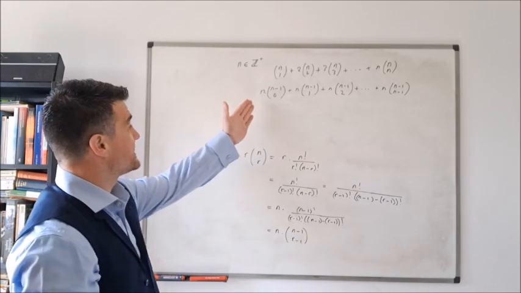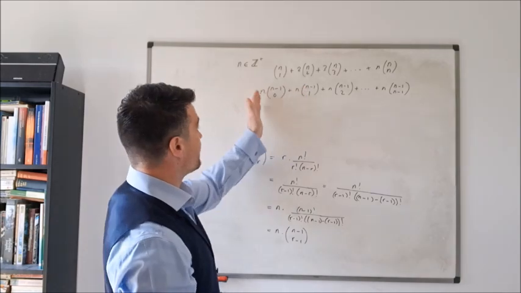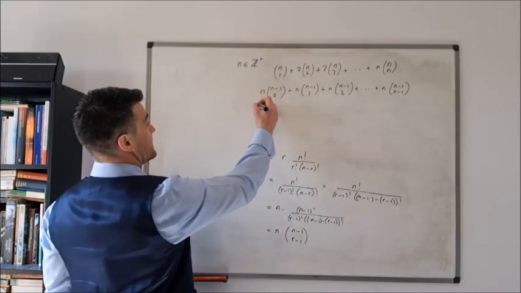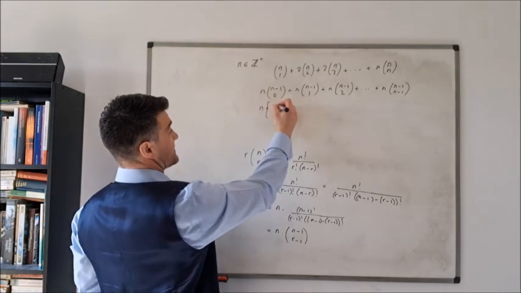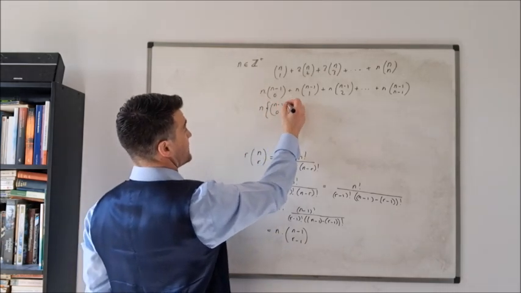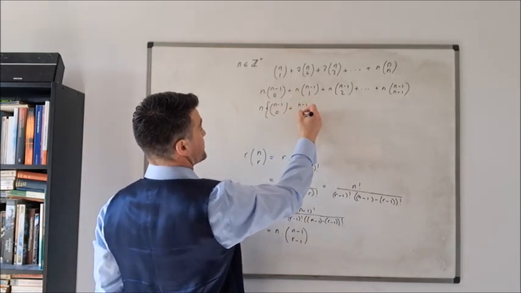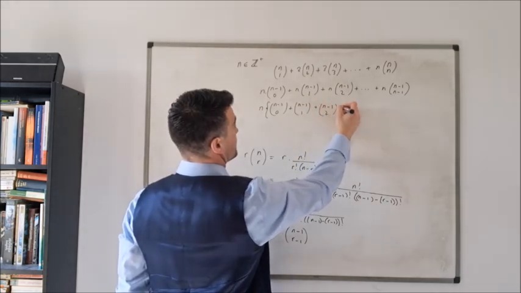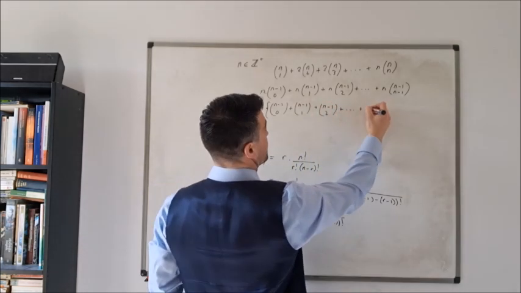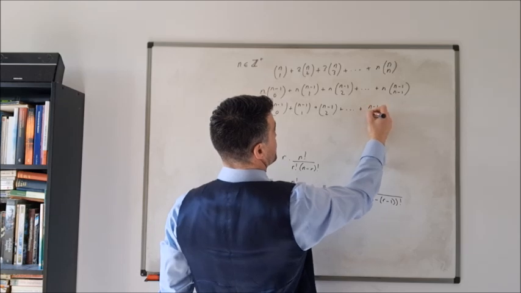Okay, so what we can see then is that we've got a common factor of n all the way across. Take n out as a common factor, I get n minus 1 choose 0, plus n minus 1 choose 1, plus n minus 1 choose 2, plus up to n minus 1 choose n minus 1.